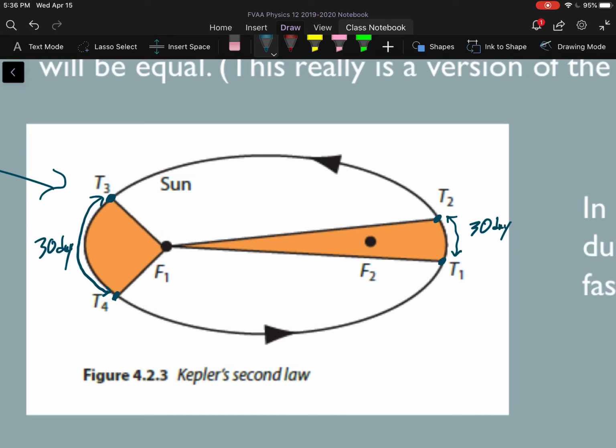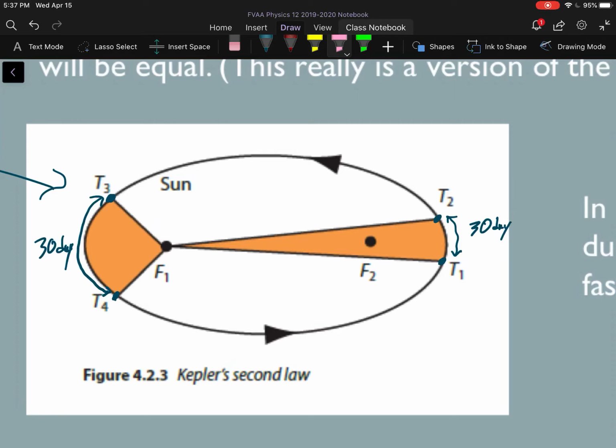And so if the amount of time measured out is the same, 30 days, but at different locations in the orbital path, the area shaded here in orange is going to be the same.